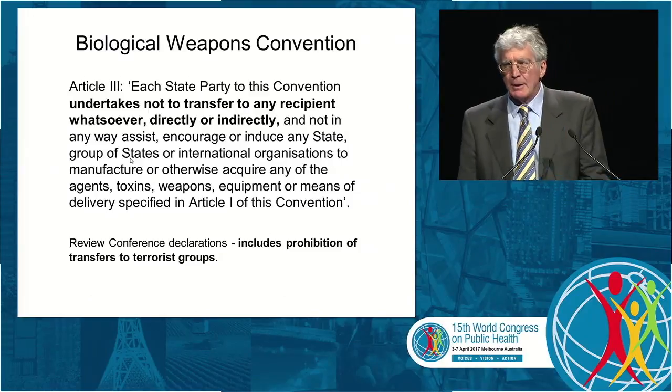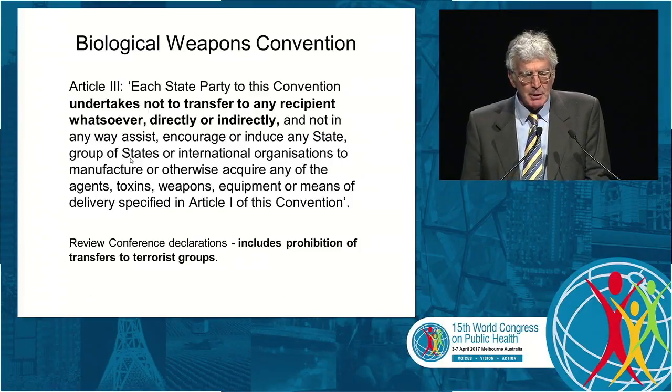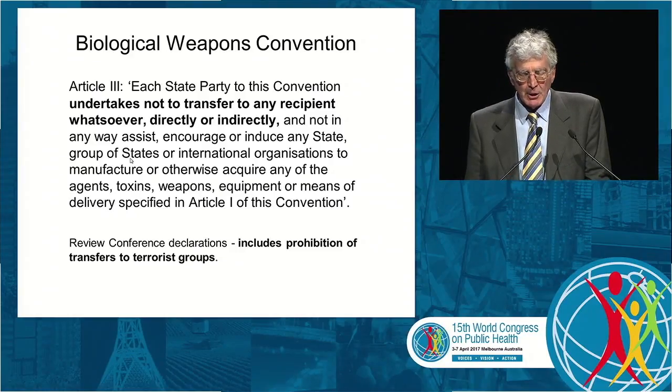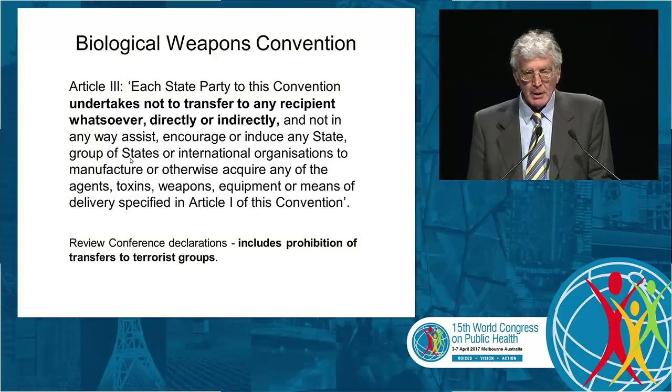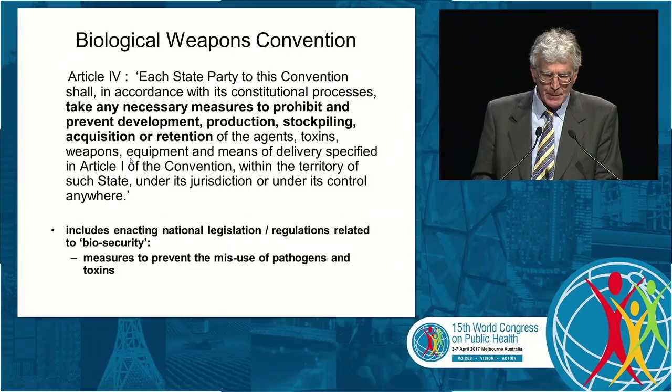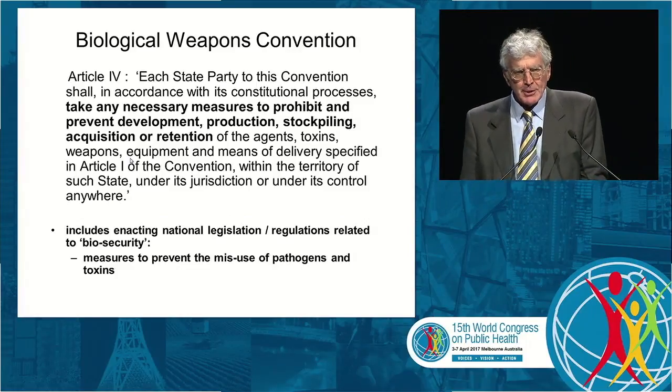Article 3 is the prohibition of transferring information about the weapons that others can then make use of in producing BW themselves, the non-proliferation type provision, which includes the prohibition of transfers to terrorist groups, which will become more important down the track and also later in my presentation. Article 4, each state party has to have national laws in place to criminalise the prohibitions under the BWC.